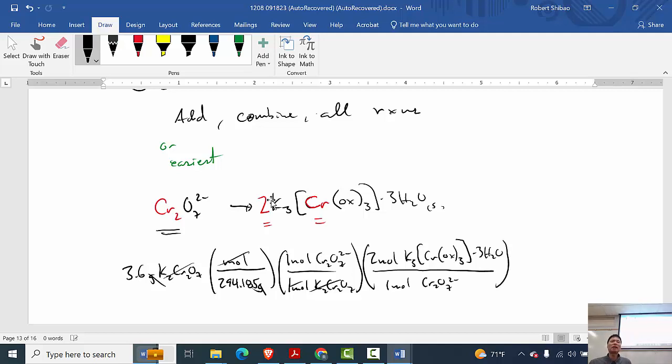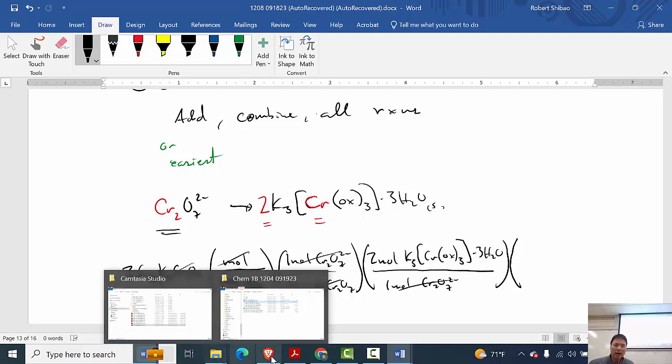So this is kind of the combined. I didn't balance everything out. I just balanced the chromiums out. And since chromium was my limiting reagent, and since chromium only ends up in one product, this should work. Okay, then I just need the molar mass, otherwise I'm going to be doing lots of stoichiometry.